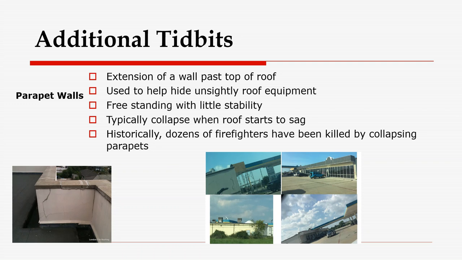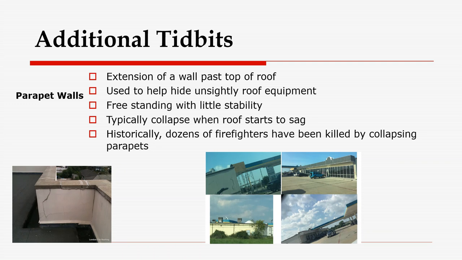So they're not always just made out of wood. Sometimes they're made out of plaster and other types of material like that. And sometimes, like you see in the photo on the left, it may be adorned with some brick, or I'm sorry, some stone, or something like that to just give it a different appealing look.